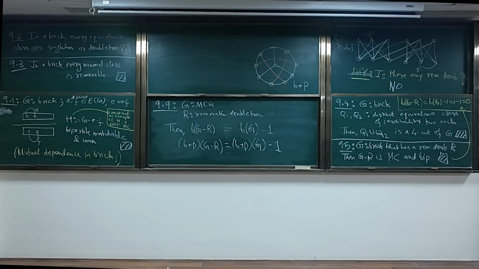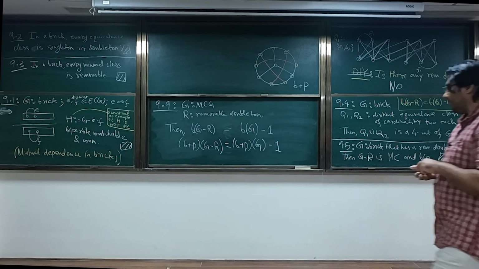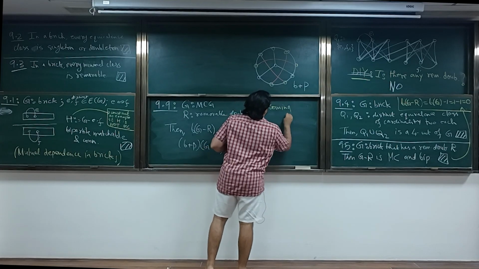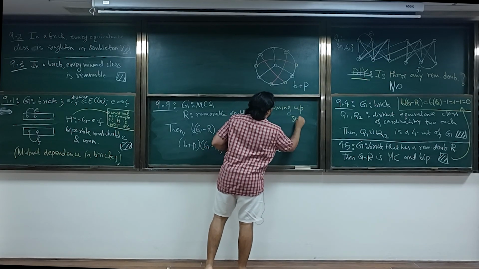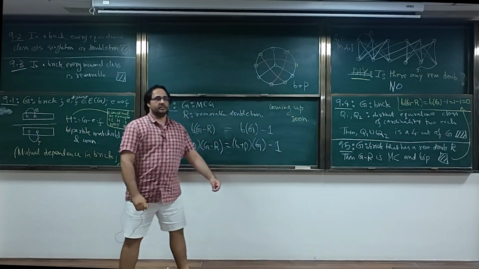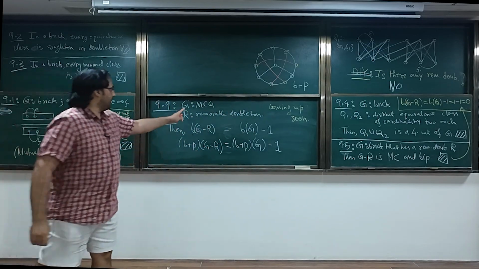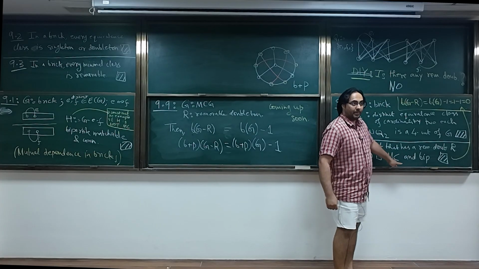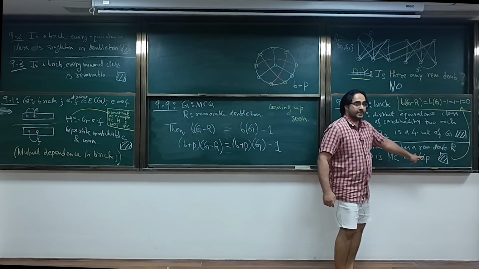We haven't proved this yet. We will prove this later. But this is a generalization of what Lovász had already proved. For a brick, you get a bipartite matching covered graph.